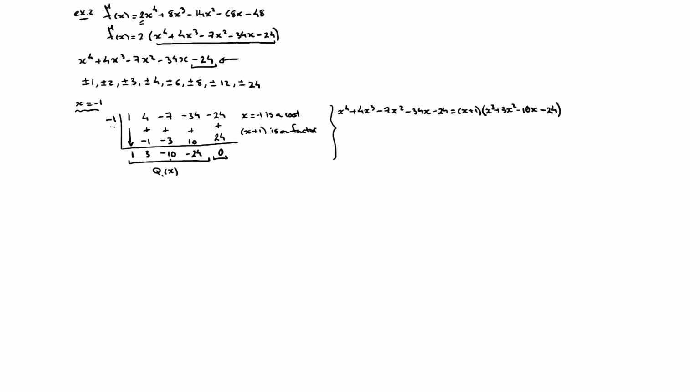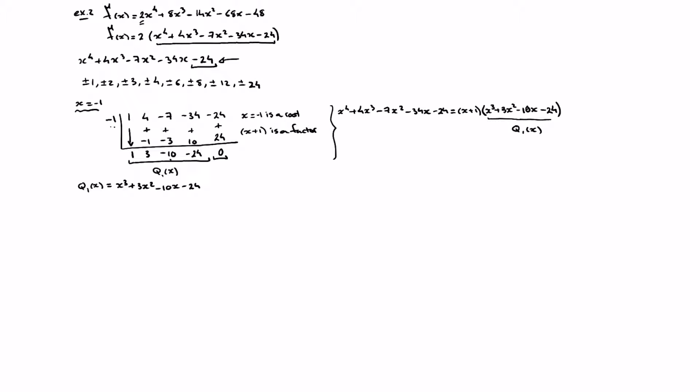Okay, our next step is to focus on our polynomial q1 of x and to look for more roots of f of x. Remember, any root that q1 of x has will also be a root of f of x. So we're going to carry on with our list of factors here, but we'll be working with q1 of x, which I'll just write here again: x cubed plus 3x squared minus 10x minus 24.